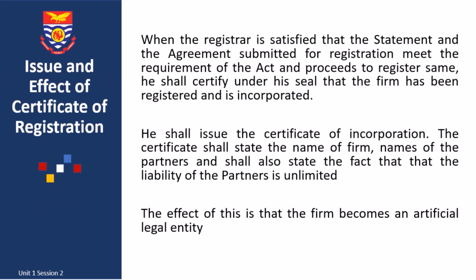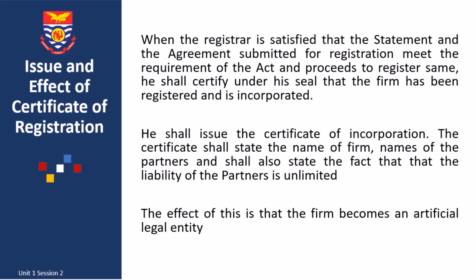Now, issue and effect of certificate of registration. If you remember, in our first lesson, we went through the process for registration. Now, after the partners have submitted a statement and partnership agreement to the registrar for registration, the registrar will consider whether or not the partners have met all the requirements under Act 152.